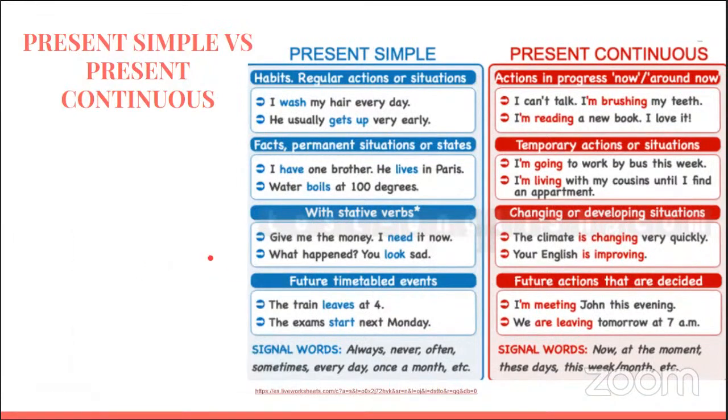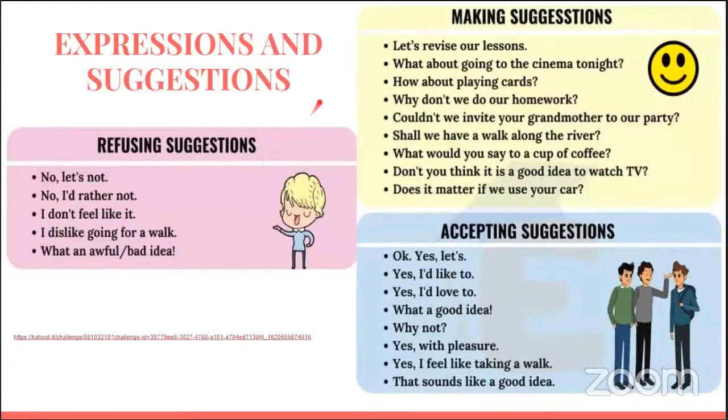Well, in this unit, you're also going to be reviewing expressions and suggestions. Here we have some expressions of suggestions, and here we have refusing or accepting suggestions. So for example, whenever someone says, let's revise our lessons or let's check our lessons, you can say, no, let's not, or yes, okay, let's.